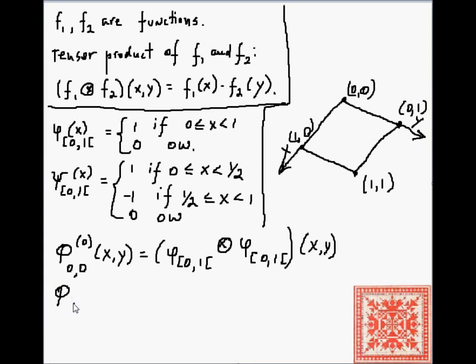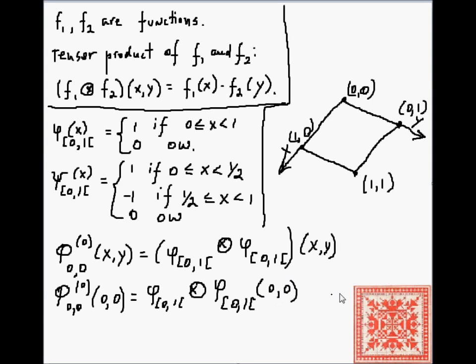If we work out the value of this tensor product at each of these four corners, big phi of 0, 0 is equal to the tensor product of small phi on the interval from 0 inclusive to 1 exclusive with small phi on the same interval, and it's 1.